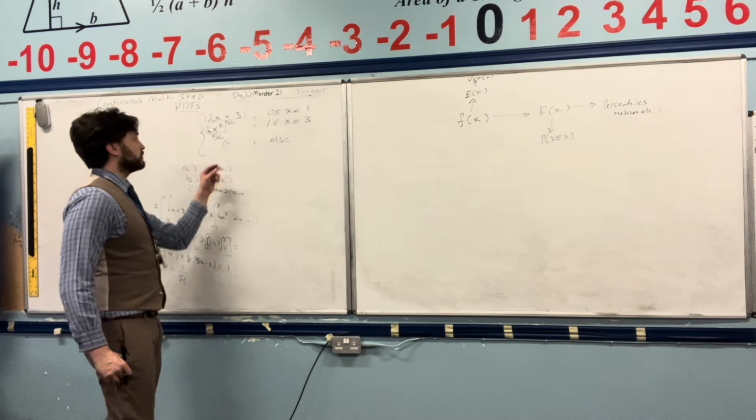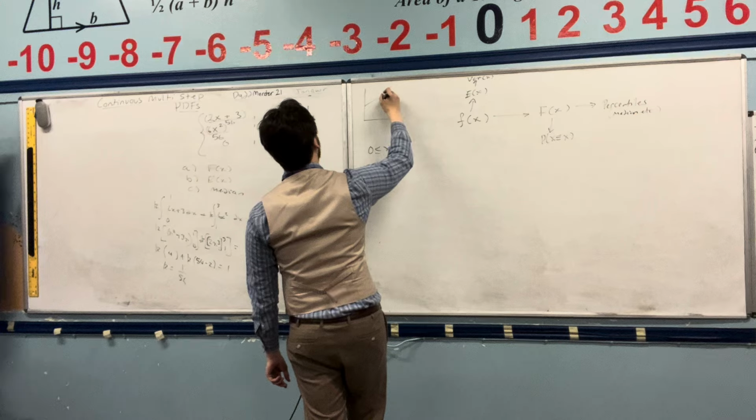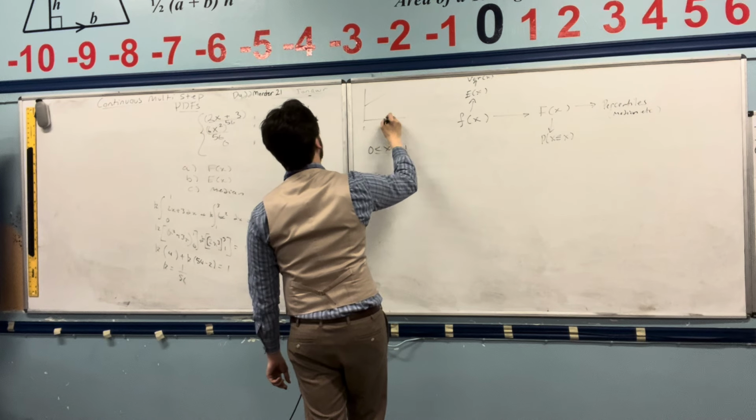Okay, so we've got our distribution normalized, so now let's find big F of x. Let's find the CDF, the cumulative distribution function. For the multi-step one, you have to do it for each range individually. So if we take a look at what it's going to look like, this would be 2x plus 3, so it starts at 3, and it goes across like that from 0 to 1.